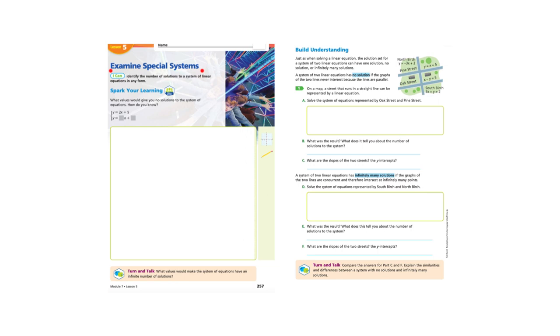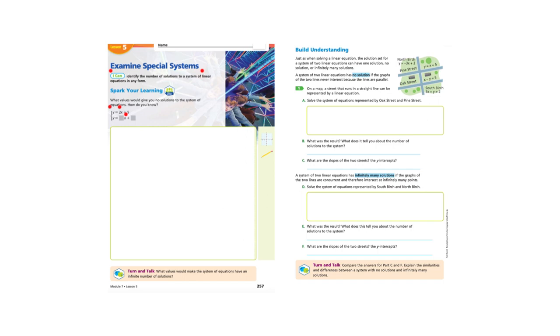It says, what values would give you no solutions to the system of equations? How do you know? So if you look at both of these equations, they're both written in the slope-intercept form. And remember, the slope is here as the coefficient to x, and then the y-intercept is this next whole number or rational number there.